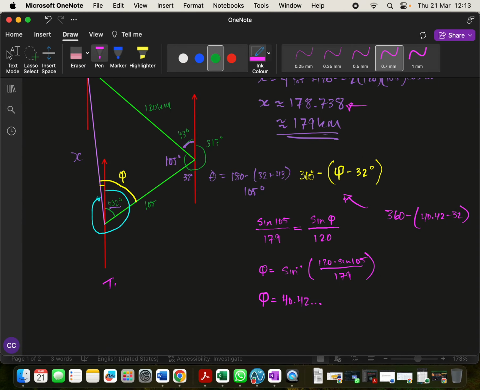So my true bearing going from the starting point to the car is 351.7 something, which is approximately 352 degrees. Hope that's helpful.